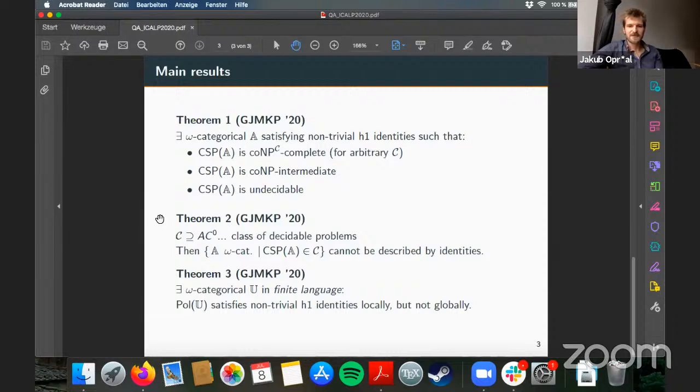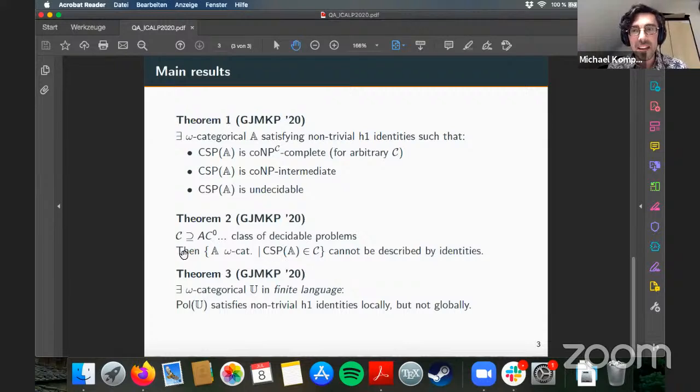But he concluded by saying that there is no hope that we can use polymorphisms to get an overview of possible complexities. So in which sense do these two statements not contradict each other? I would say that there he referred to identities of polymorphisms, but maybe the other Michael wants to reply to this.